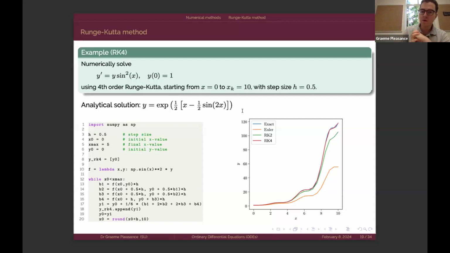Then, focusing on first order ordinary differential equations, I recapped some ways in which you can analytically solve certain classes of first order ODEs, in particular looking at ODEs which are separable, and also first order inhomogeneous ODEs.